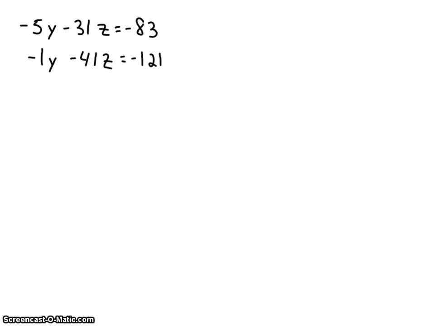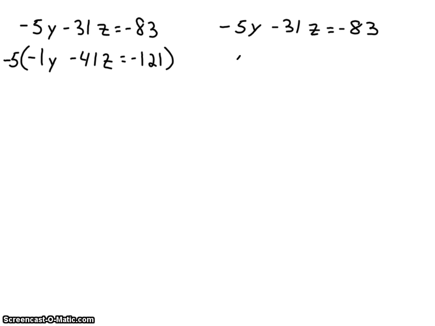Okay, it looks like I can multiply equation 2 here by negative 5. That'll give me a positive 5y to eliminate with the negative 5y. So I'm just going to copy the first equation over because I'm not multiplying it by anything. And now I'll distribute the negative 5 in the second equation.